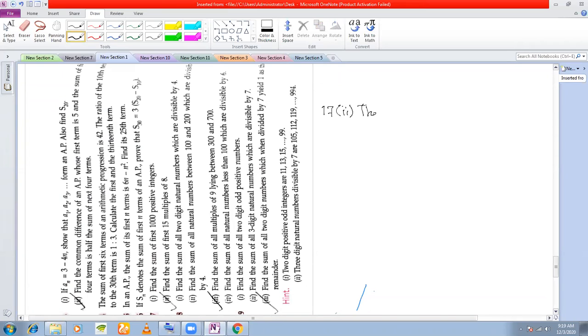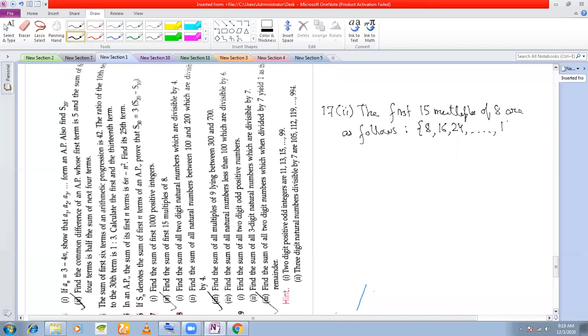The first 15 multiples of 8 are as follows. First multiple is 8, next multiple is 16, next is 24, and so on.